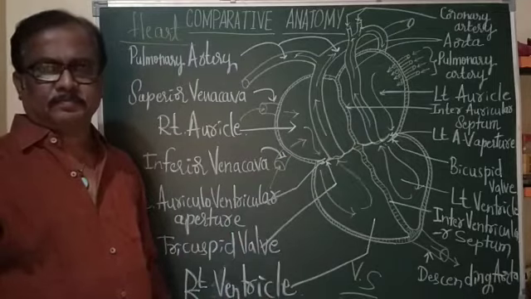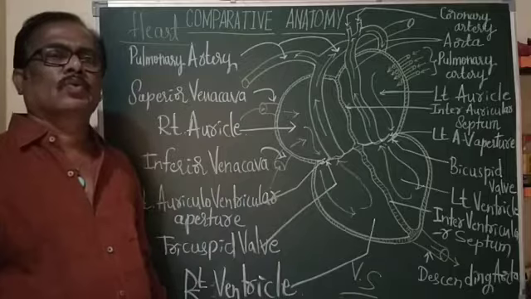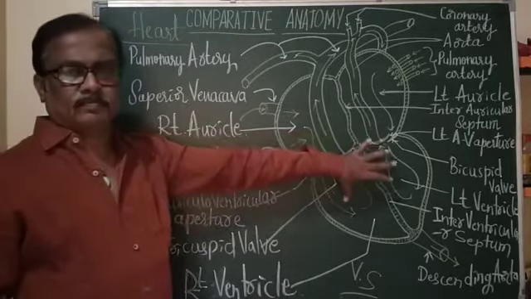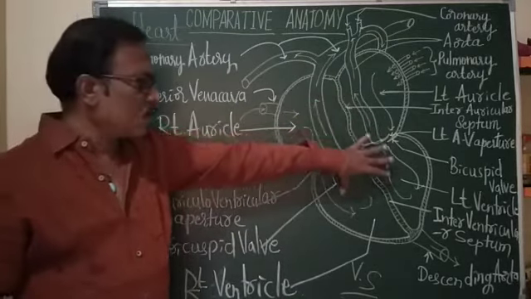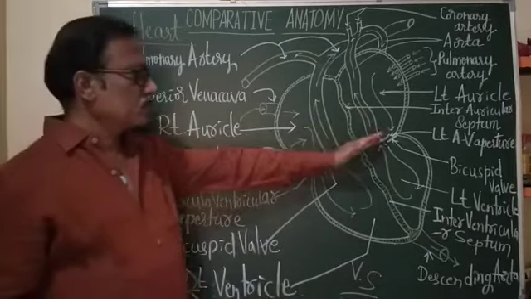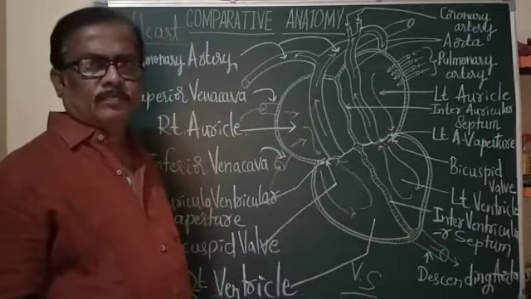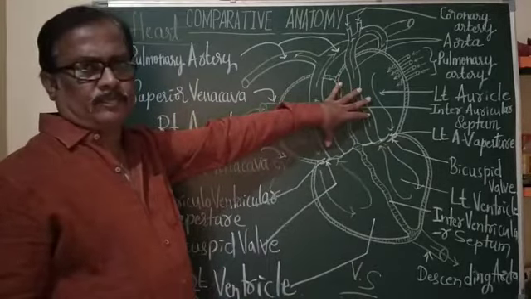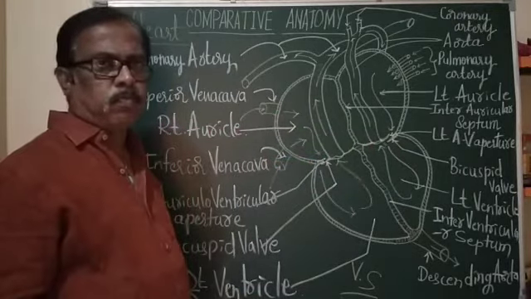Coming to the structure of the heart, that is understood by its vertical section. The heart has 4 chambers, of which 2 are auricles and 2 are ventricles. Upper ones are auricles, lower ones are ventricles. Auricles are thin-walled chambers. Ventricles are thick-walled chambers.